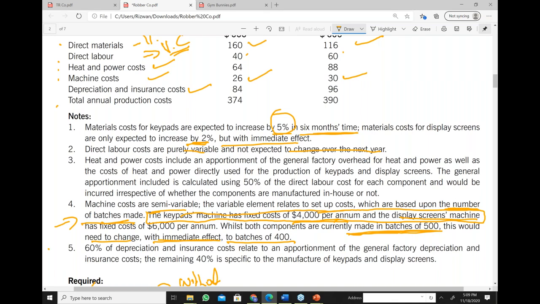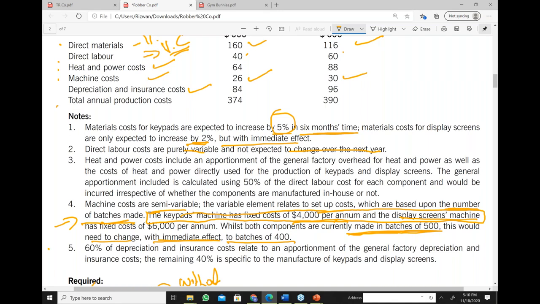Okay. So yeah, because it is not very clearly written, one can argue here. So it's up to you. The allowable treatment was you can either take it or leave it. But for me, when I read this, I get an idea. Keypad machine has a fixed cost, so it gives me the idea, okay, this relates to keypad machine of 4,000 and display screen machine has a fixed cost of 6,000.